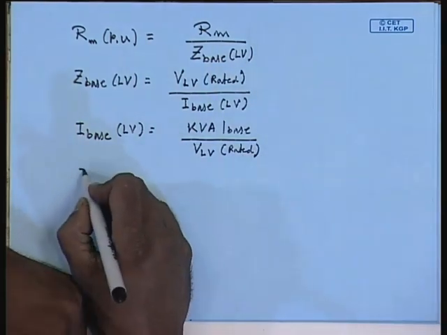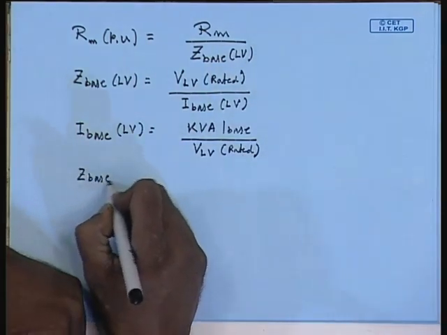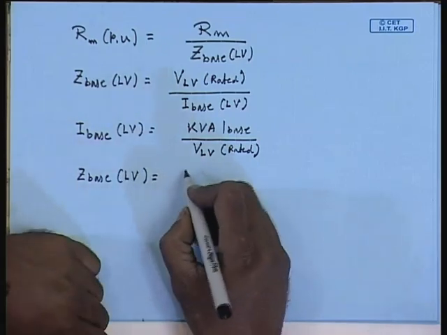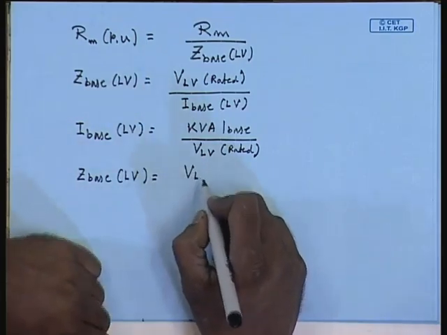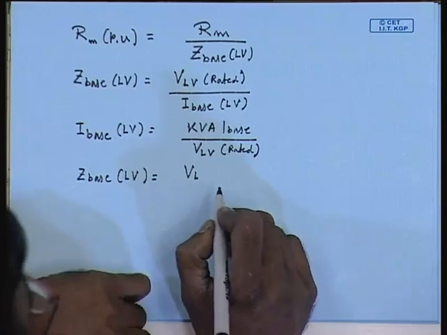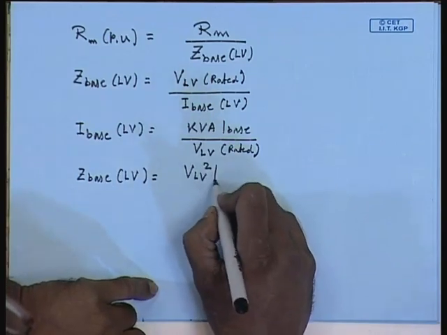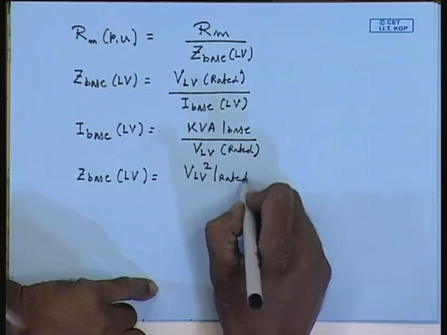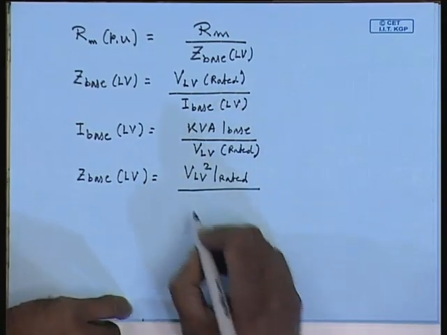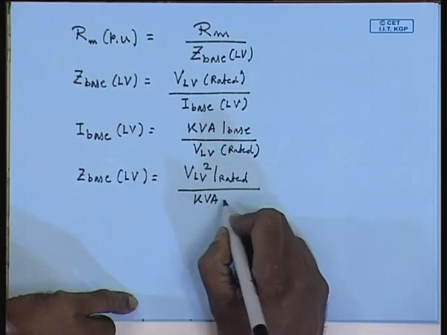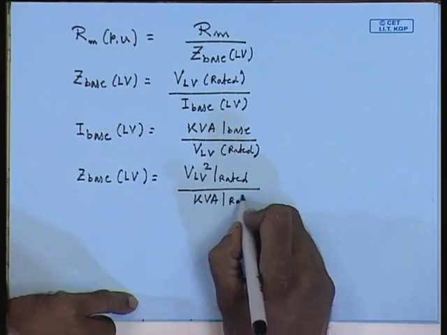Therefore, Z base LV side equal to VLV rated square divided by KVA rated.